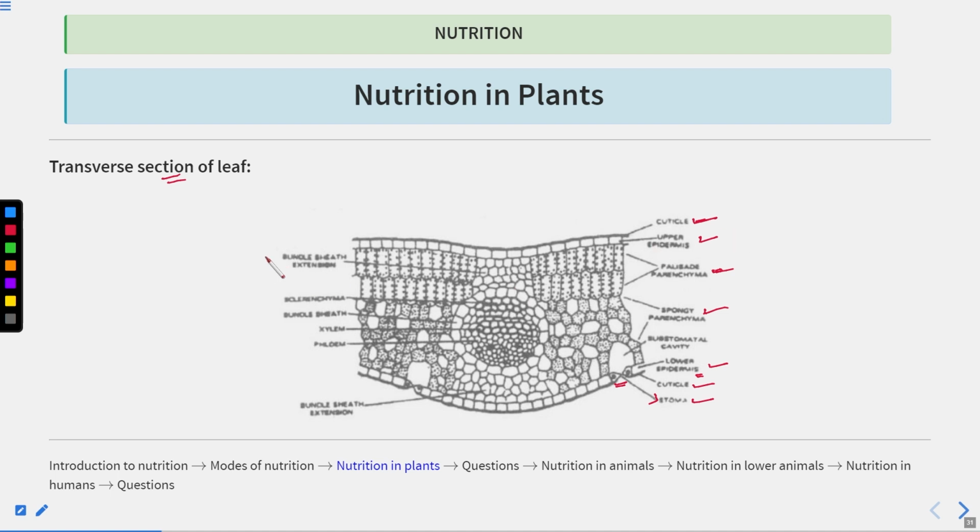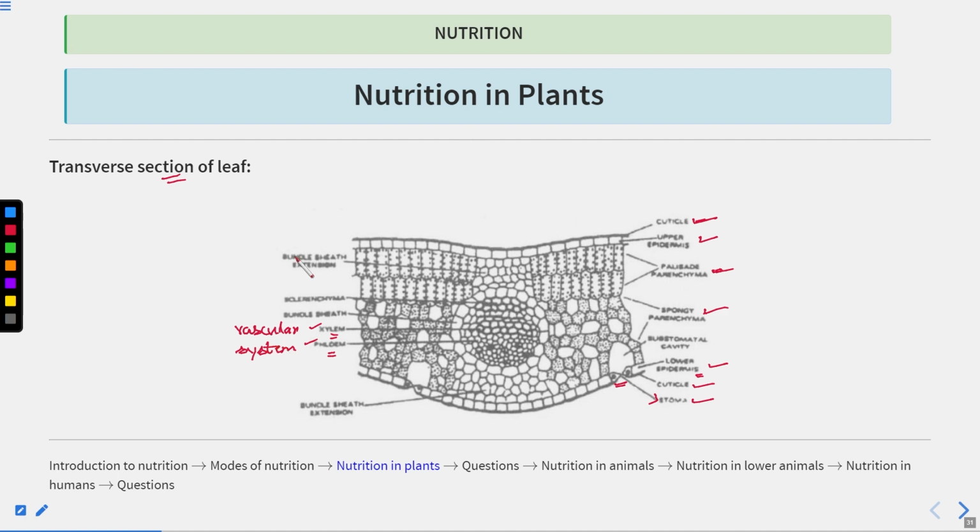Here you can see this is the vasculature system, xylem and the phloem. This forms the vasculature, or the vascular system. Xylem is involved in the transport of water, and phloem is involved in the transport of the food material.